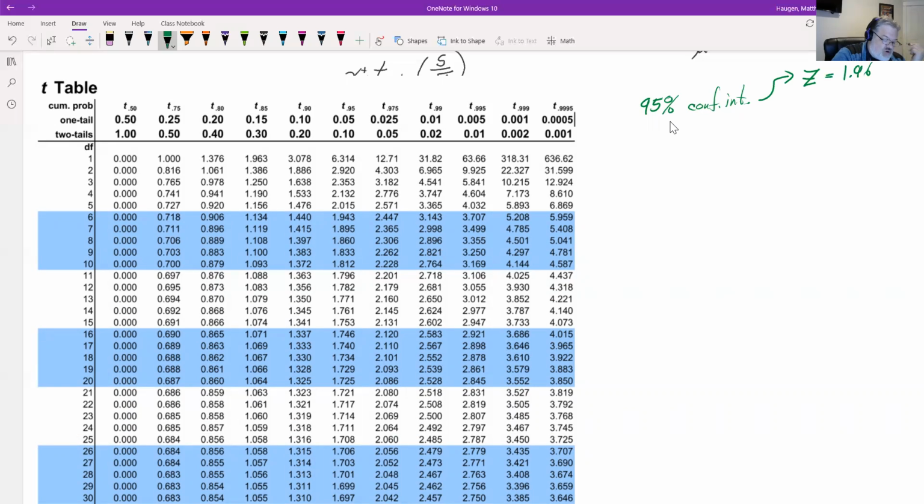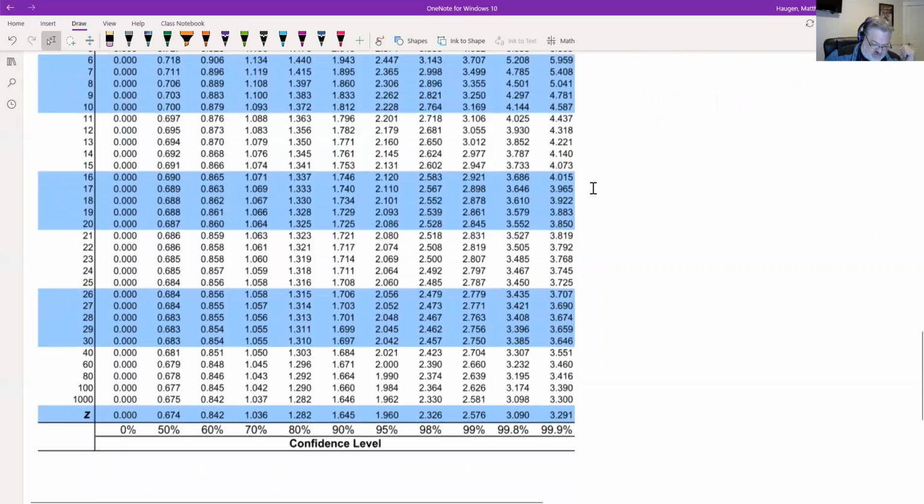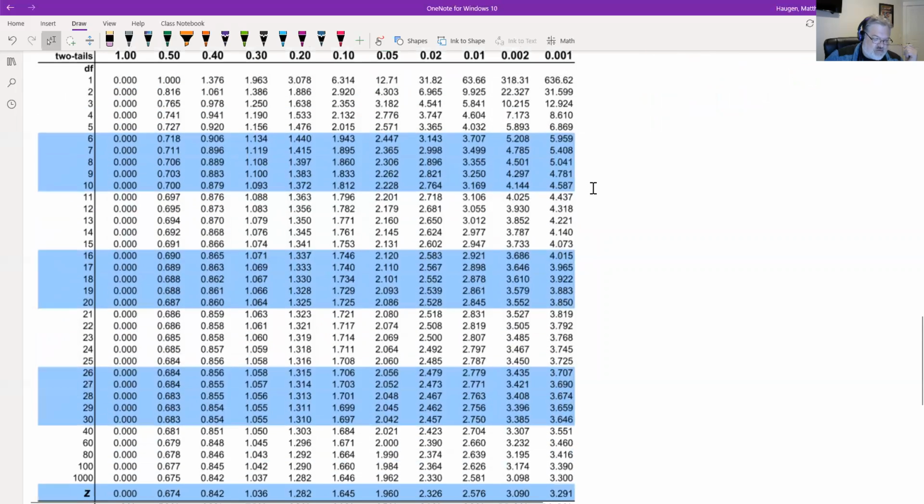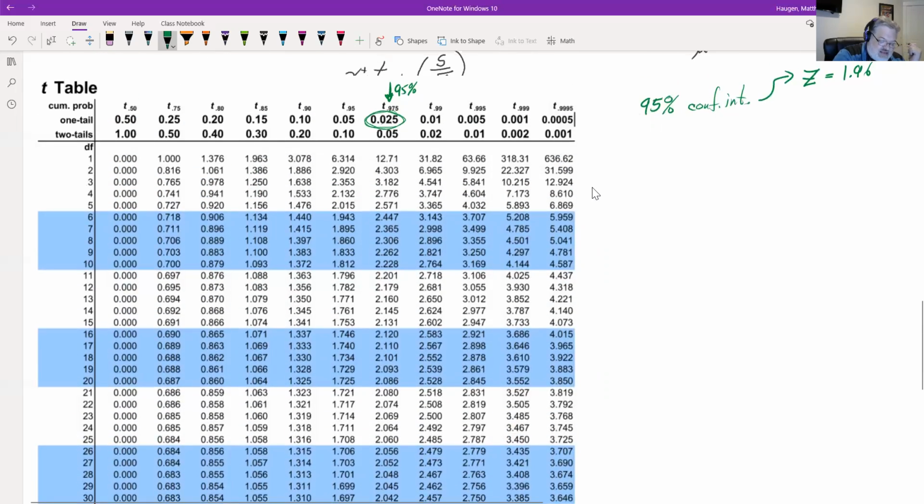What's its t-score? Well, one tail at 95%, our one tail is 0.025. So this column is our 95% confidence interval. I think this particular table even has at the bottom, yeah, 95% down there. And it gives us t-score values depending on our sample size.